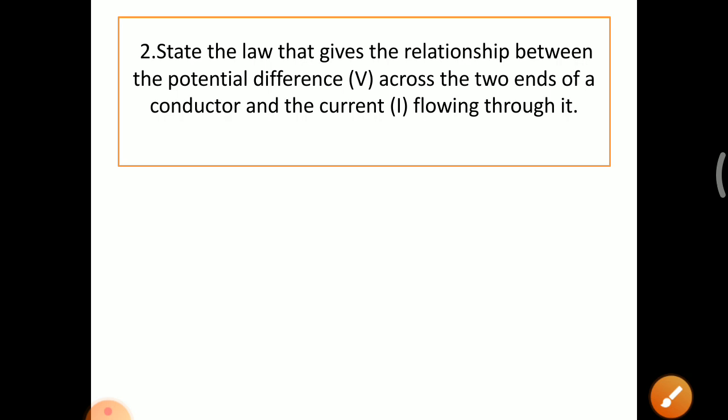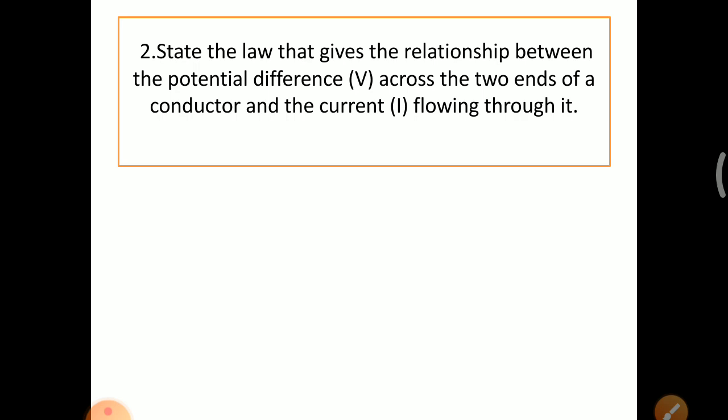The next question: state the law that gives the relationship between the potential difference V across the two ends of a conductor and the current I flowing through it. So which law gives the relationship between potential difference V and the current I?